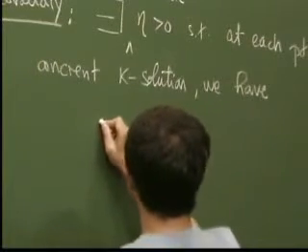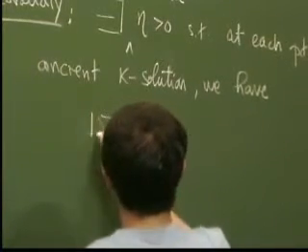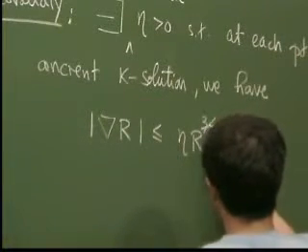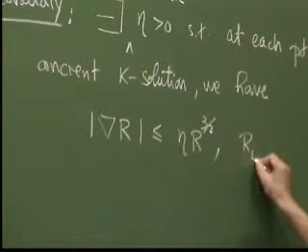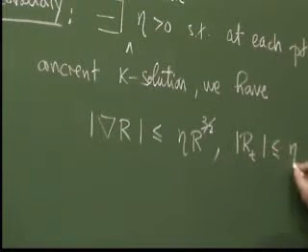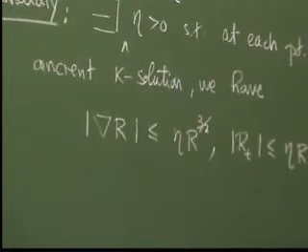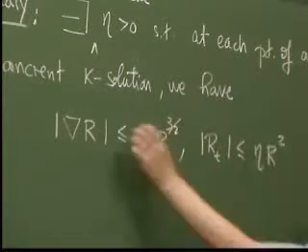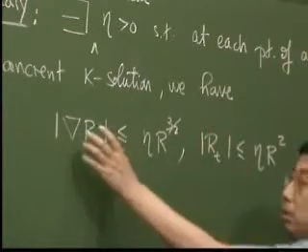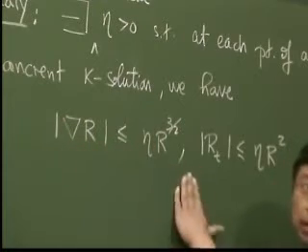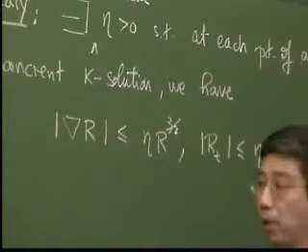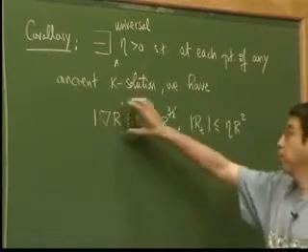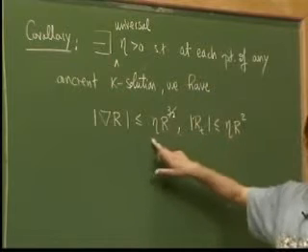We have the estimate: the gradient of R is less than or equal to eta times R to the three halves, and the time derivative of R is bounded by eta R squared. These exponents are natural because they make it scaling invariant. Both sides have the same scaling, and this is needed because ancient solutions can always be scaled. So this constant shouldn't depend on the scaling constant.